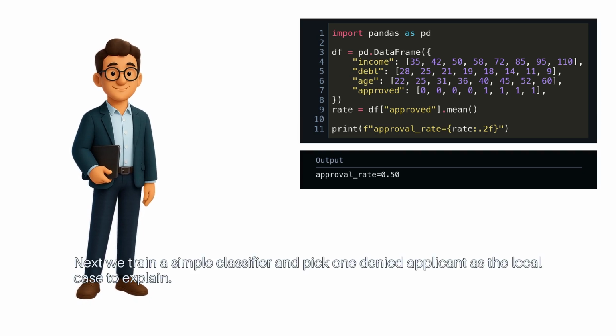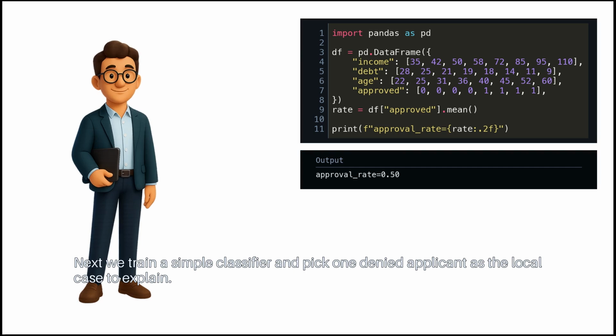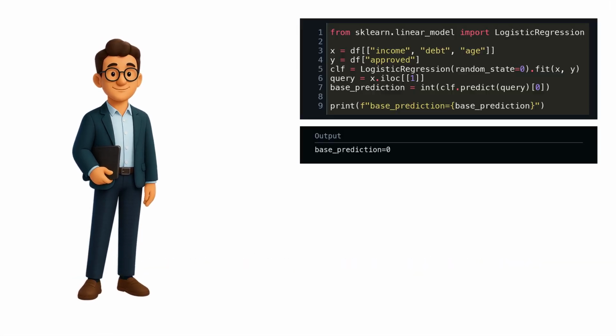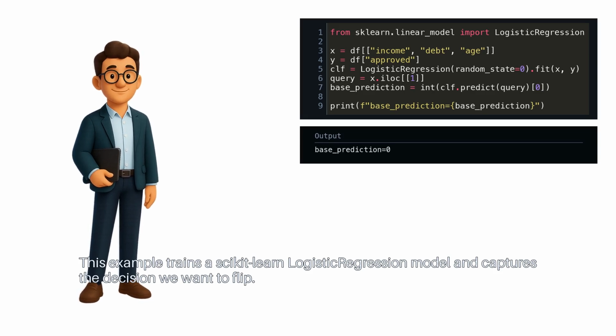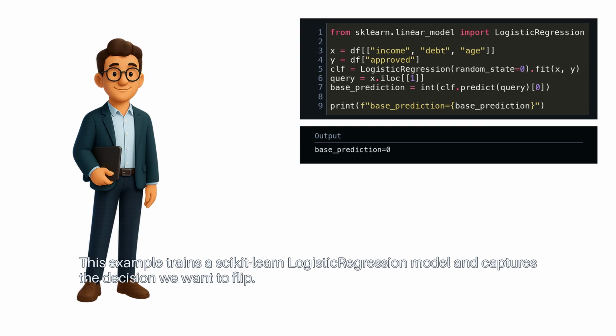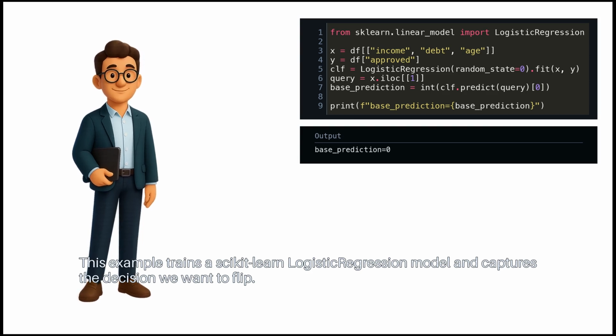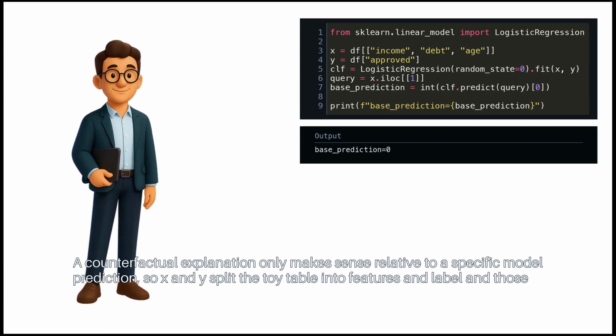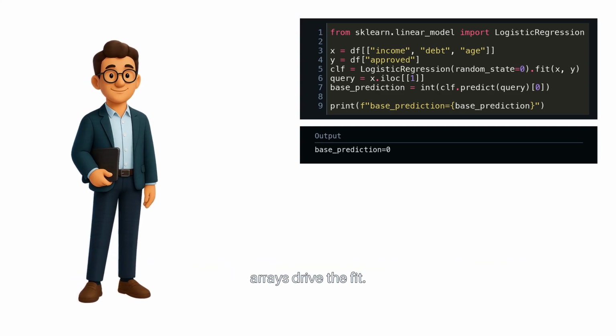Next, we train a simple classifier and pick one denied applicant as the local case to explain. This example trains a scikit-learn logistic regression model and captures the decision we want to flip. A counterfactual explanation only makes sense relative to a specific model prediction. So X and y split the toy table into features and label, and those arrays drive the fit.